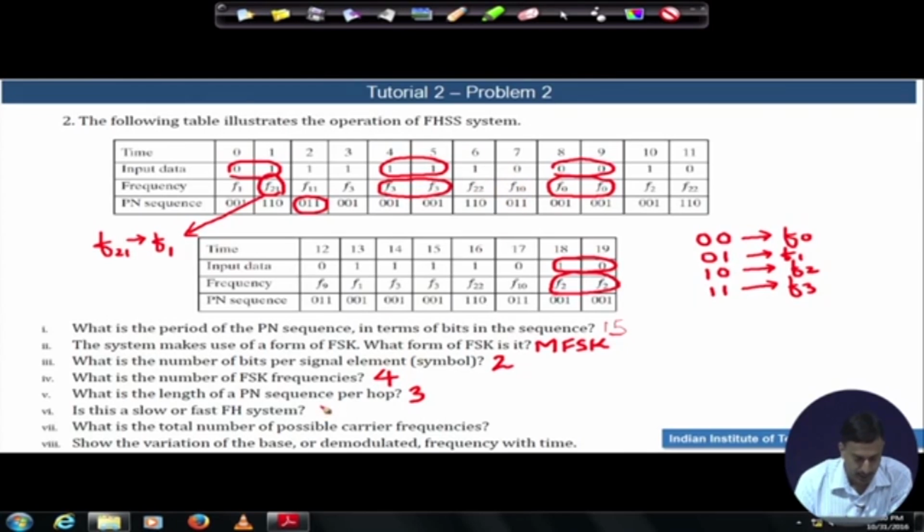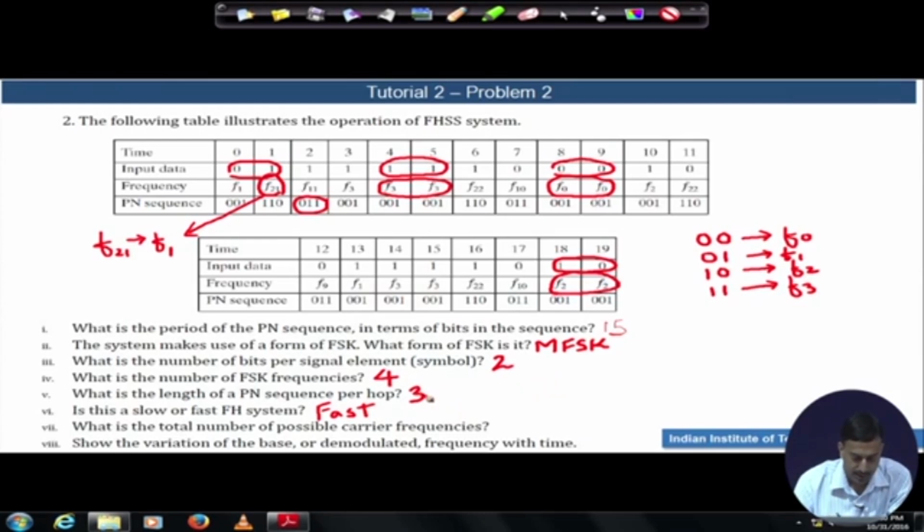So basically it's a case where the number of hops is greater than the number of signal elements. So this is obviously a fast FH system.